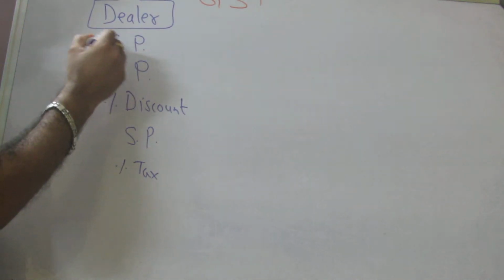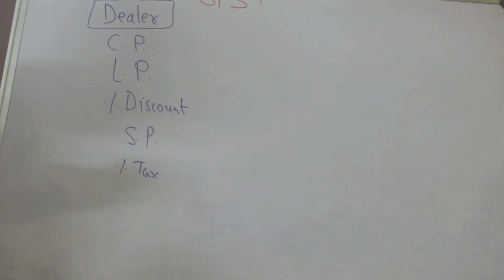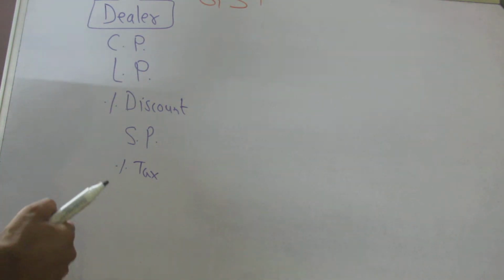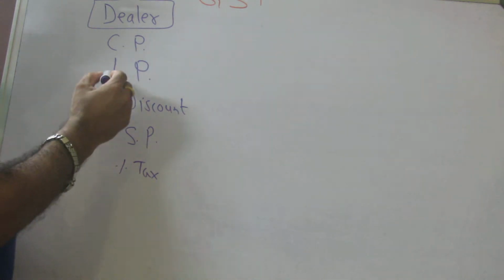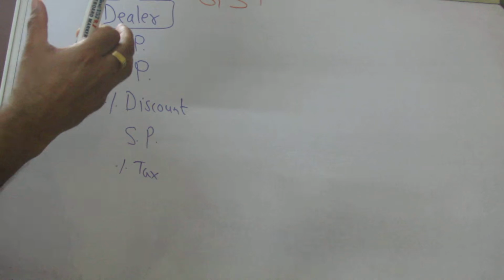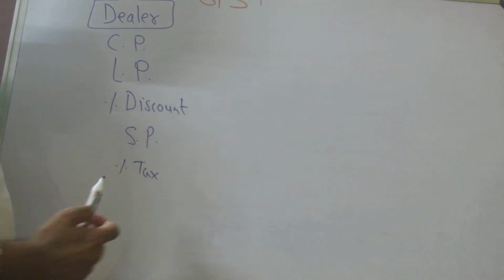Now there is a cost price which the dealer has to pay to buy a product from a manufacturer or a wholesaler, and there is list price. So every item has got a list price, marked price or list price.